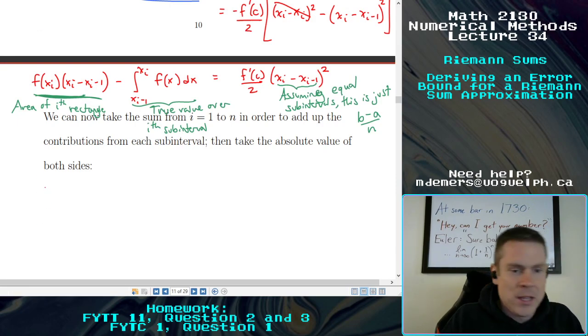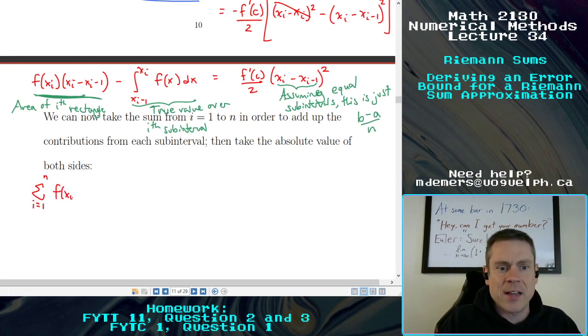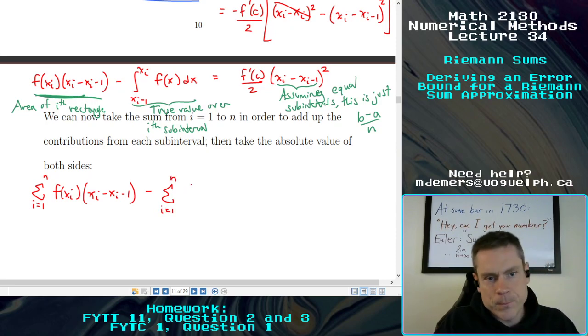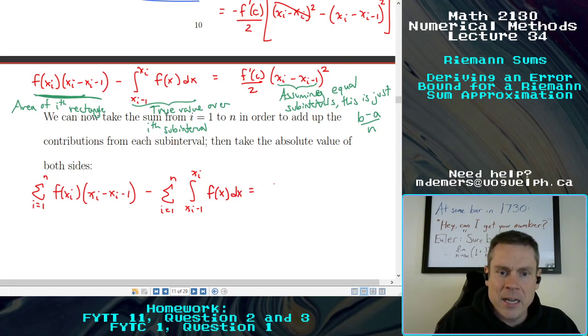We're going to take the sum from i equals 1 to n of f of x_i, times x_i minus x_{i-1}, and we're going to subtract the sum from i equals 1 to n of the integrals from x_{i-1} to x_i of f of x dx. And on the right, we're going to take the sum from i equals 1 to n of f prime of c over 2 with this (b minus a over n) squared.